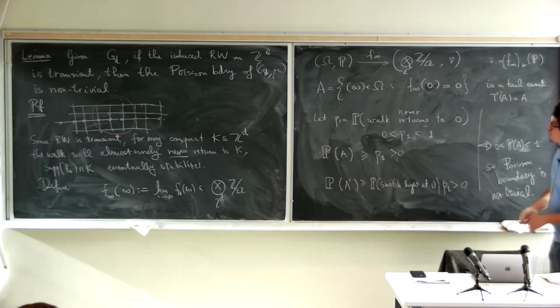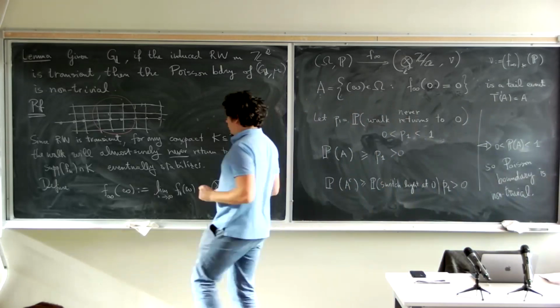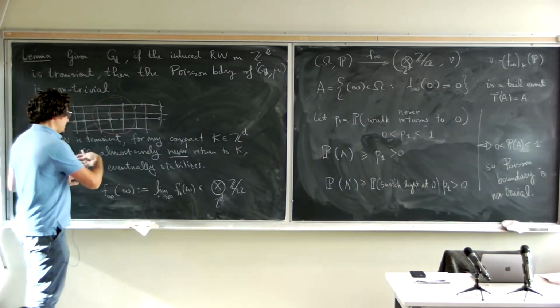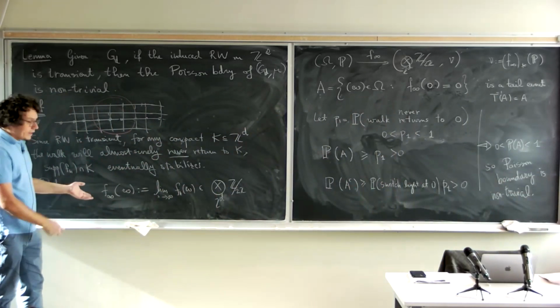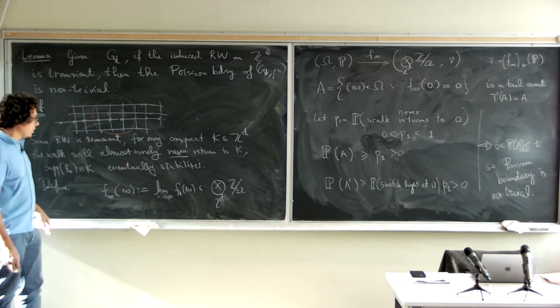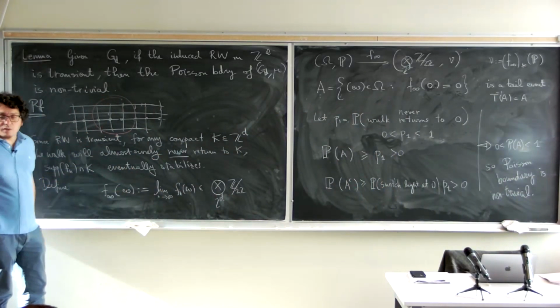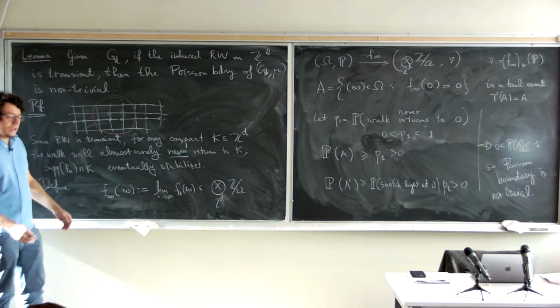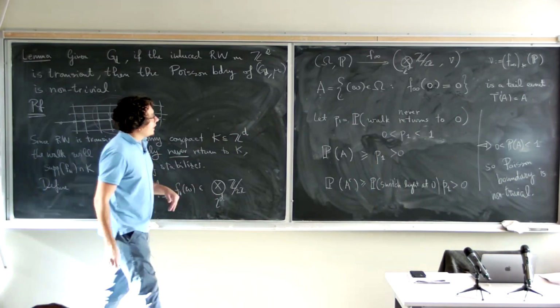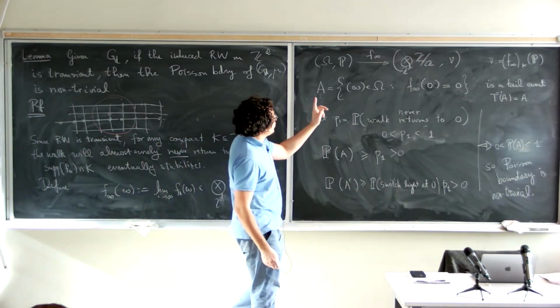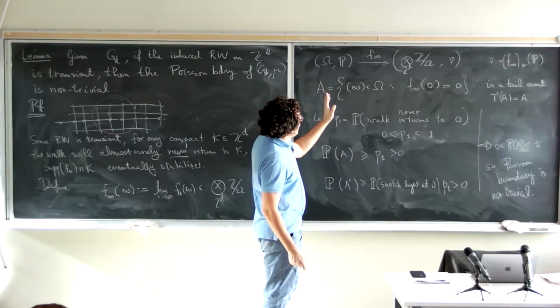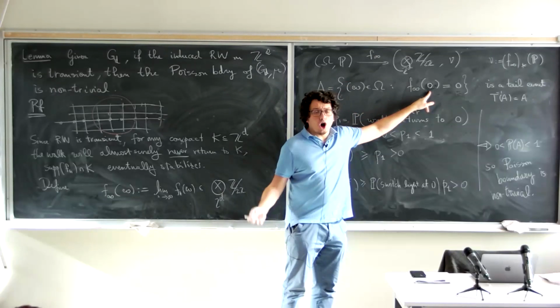So let's recap. We have this transient random walk. Since it's transient, almost every light configuration stabilizes, so you have an infinite limit arrangement of lights. Then you're just looking at the question of whether at infinity the light at 0 is on or off.